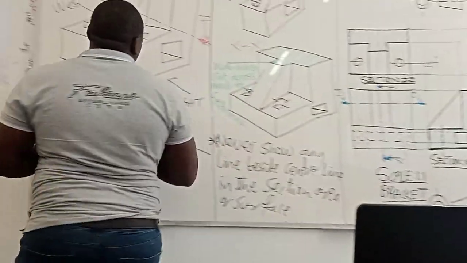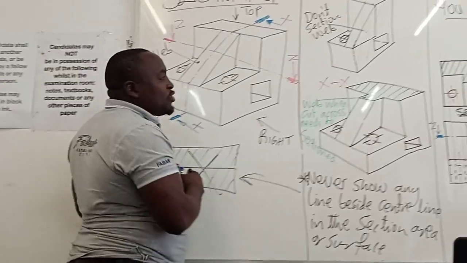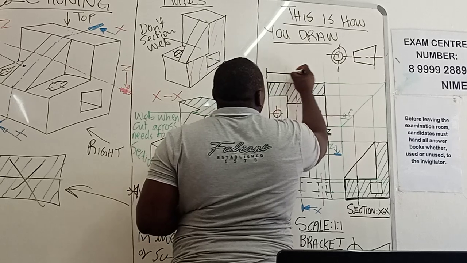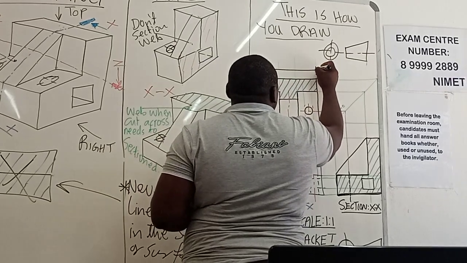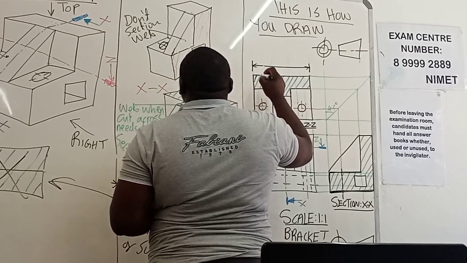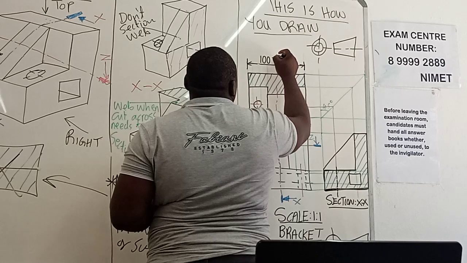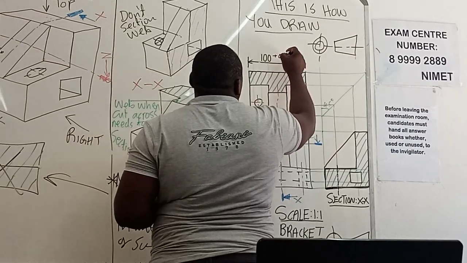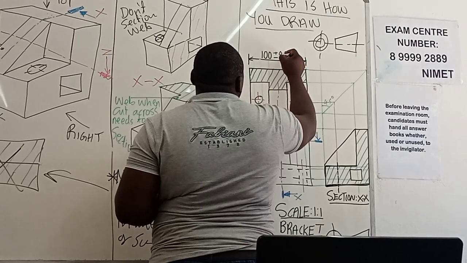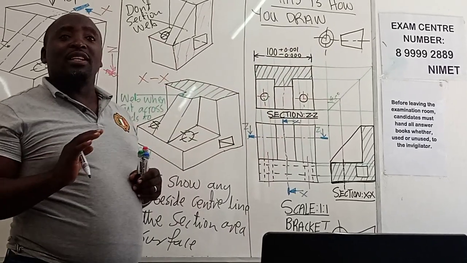Just to give an example, if they say dimension from there to there, I need to show the dimension with limits. No limits, no dimension. So if I say this is 100, I need to say plus 0.001, minus 0.000. That is how we dimension.